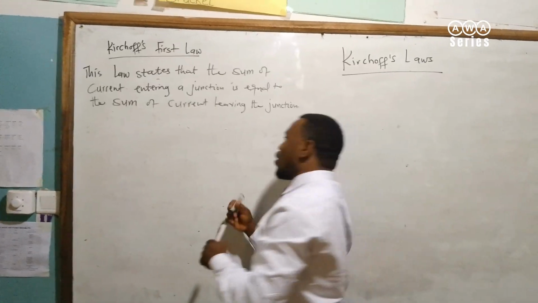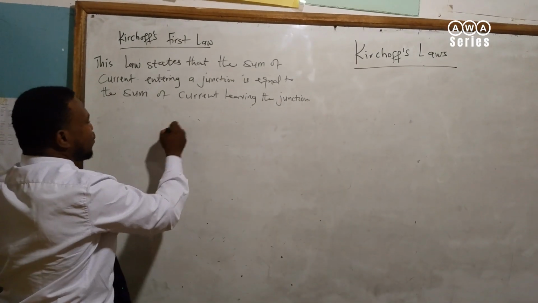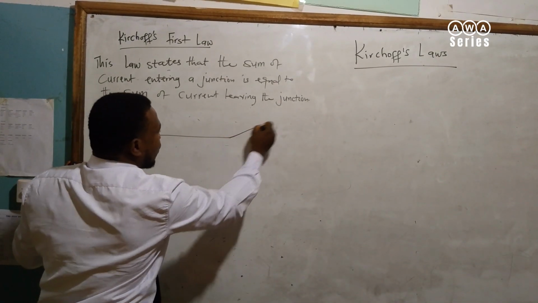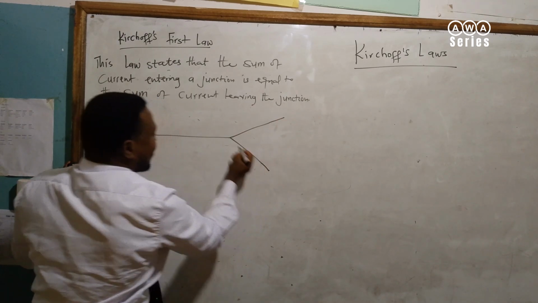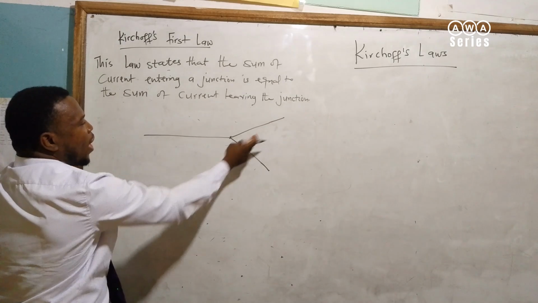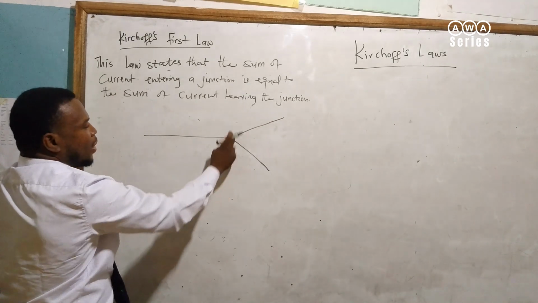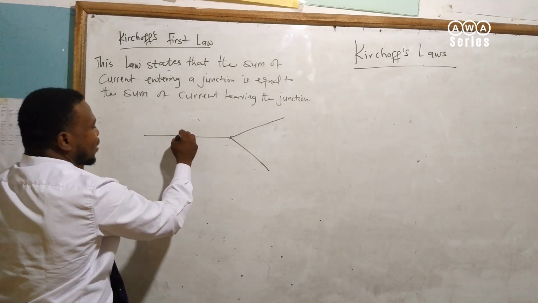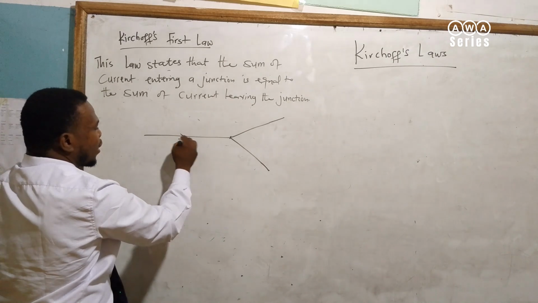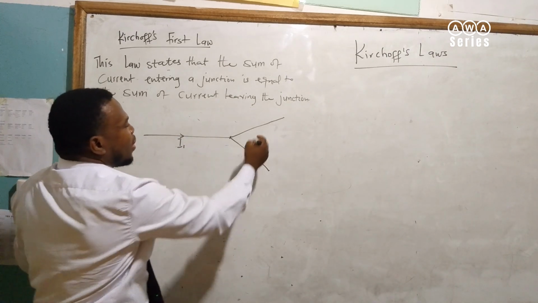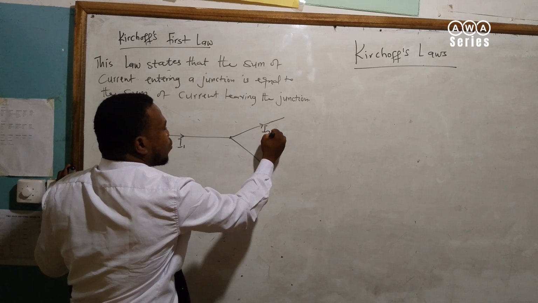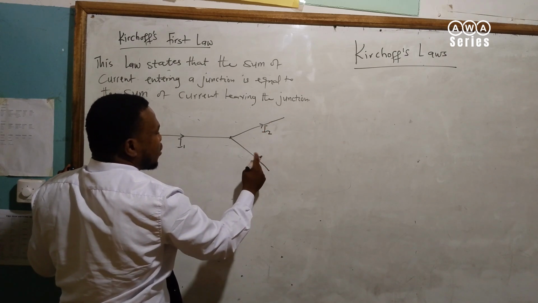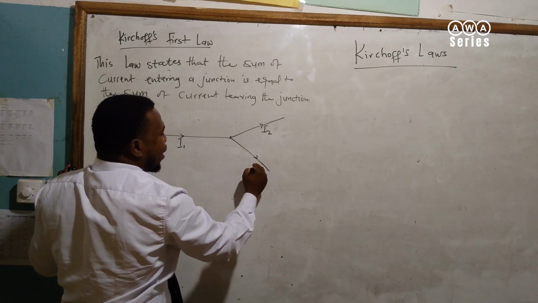Now, let me take an example. You have something like this. This is a junction. Where the trail lines have met is a junction. Now we assume that there's a current moving this way. We call it I1. And when it gets here, we have two other currents that are leaving, I2 and I3.